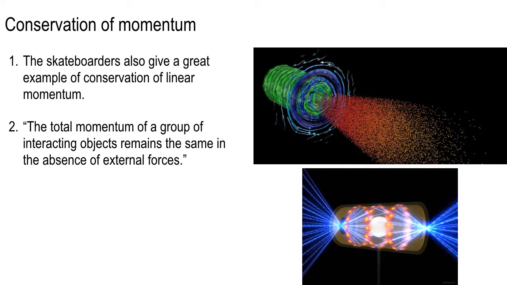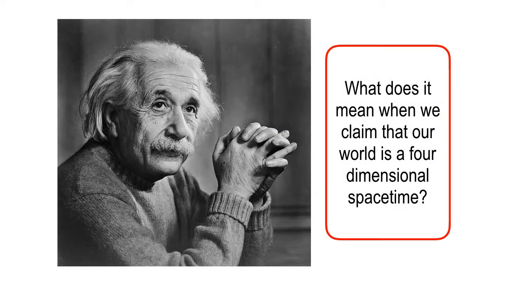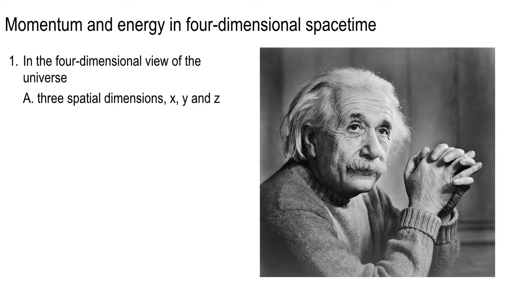Now, I told you that we get down to business with Einstein's four-dimensional space-time concepts. Let's spend a few minutes on this before we close. Momentum and energy in four-dimensional space-time. In the four-dimensional view of the universe that Einstein developed, with other people, but he's the guy that got it rolling, for a geometric location you have three spatial dimensions, but you also have to consider time, the temporal dimension, to be the fourth dimension.